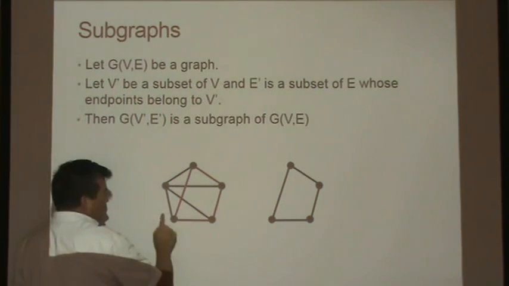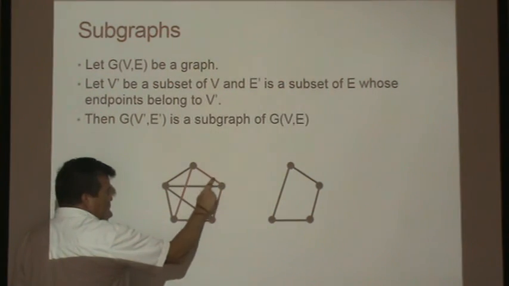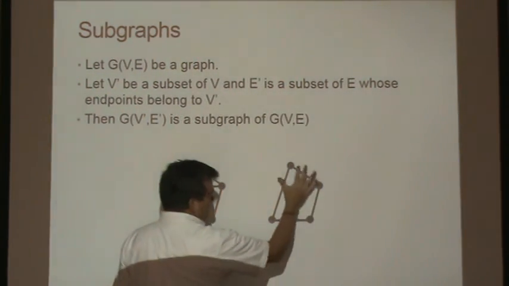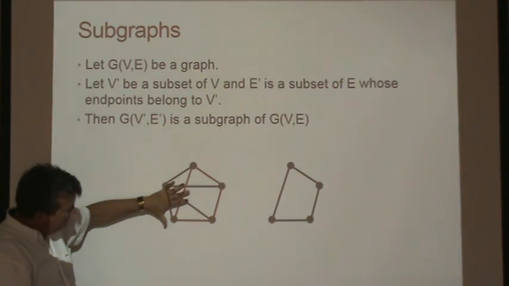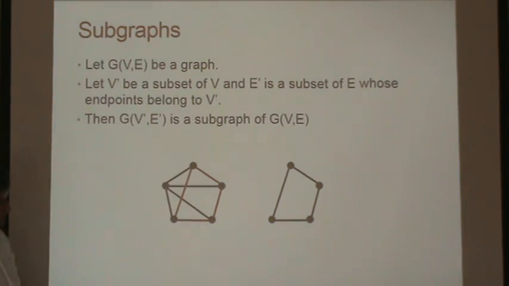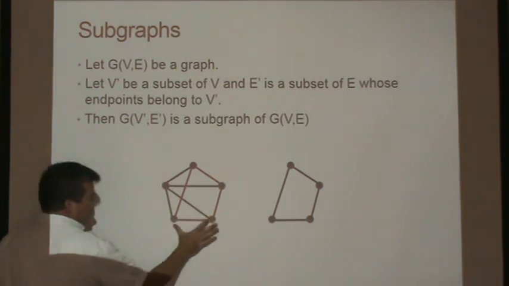So let's say this was our original graph. Then the ones colored in red can make up a subgraph, which is drawn right here. Here we have 4 vertices from our original graph, which had 5 vertices. And then we take a subset of the edges that connect the subset of vertices. So this would be considered a subgraph of this graph.